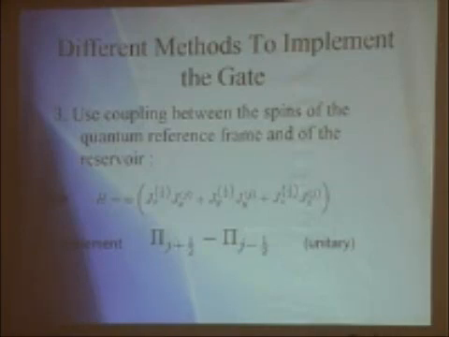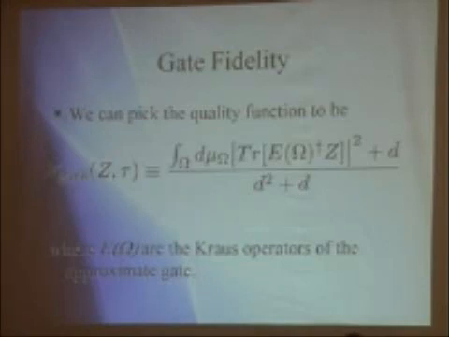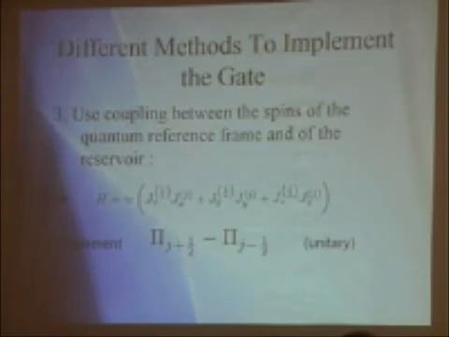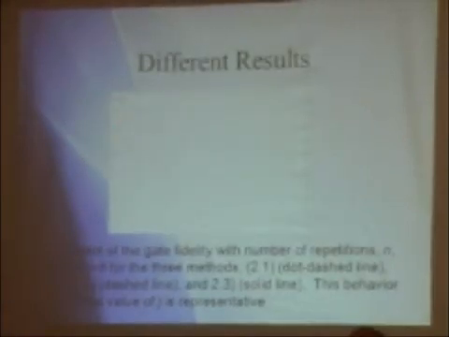Then you can write this gate fidelity in terms of the moments, and use theorem 2 to compute how those moments evolve in the number of uses, and those computations are represented in this graph. I don't know how well you can see, but the method 3 I talked about was the first line here. Using these methods is a nice way of comparing different methods for implementing gates by using a quantum reference frame.